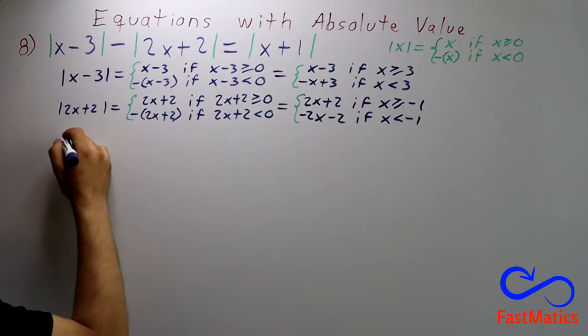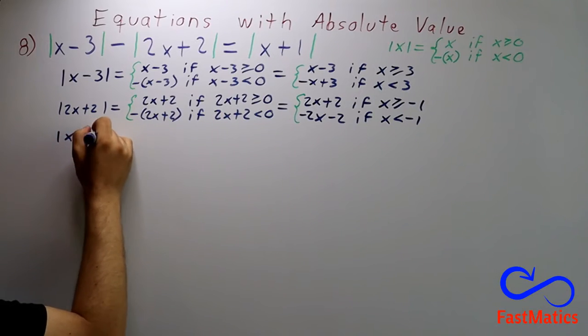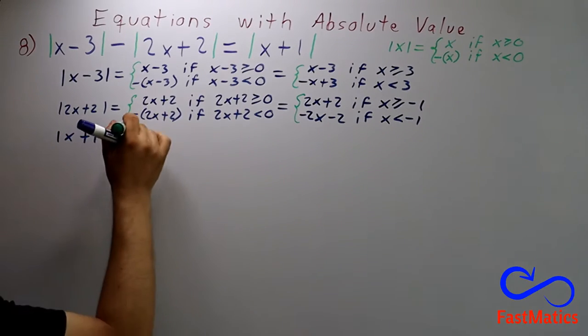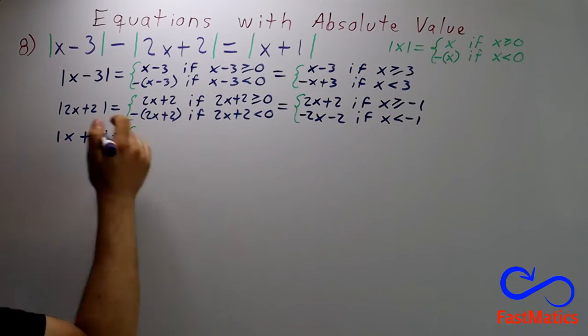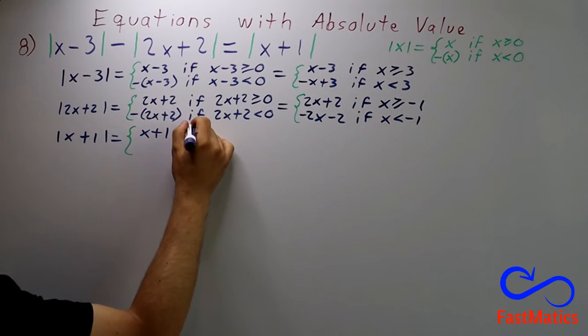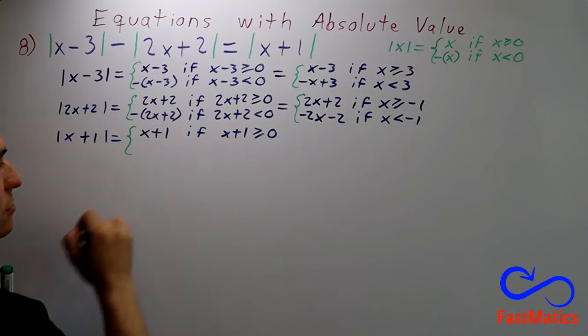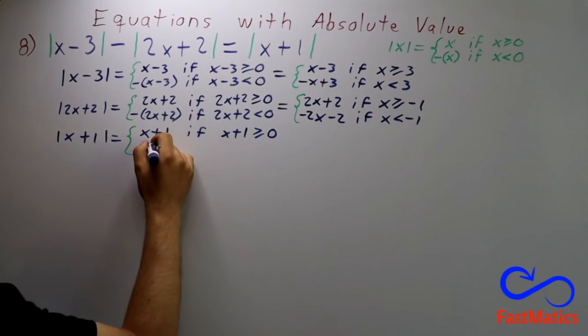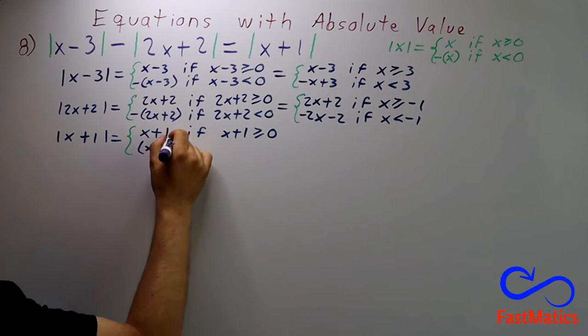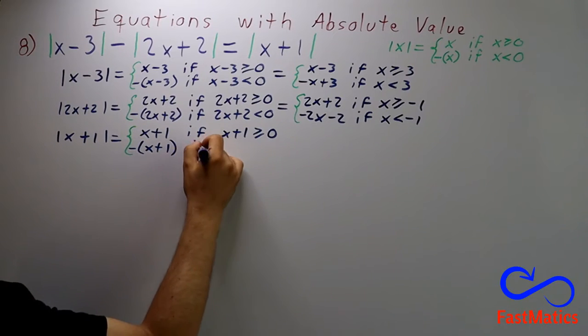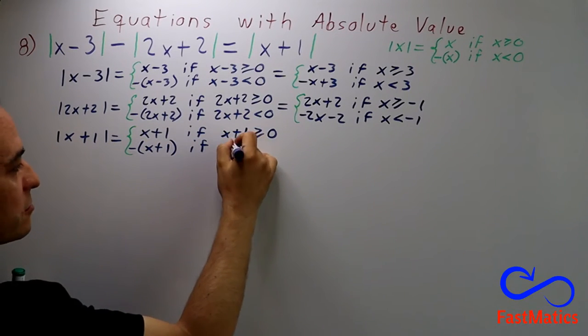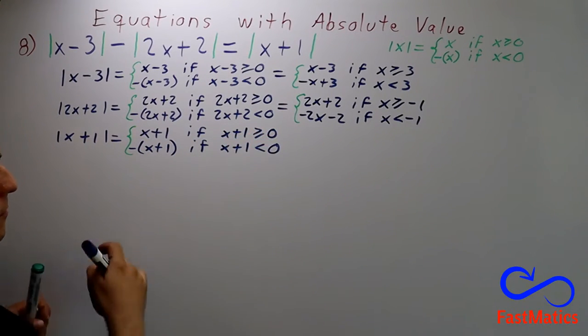And for the third absolute value, x plus 1, you will have the same expression that is inside the absolute value if the expression that is inside the absolute value is greater than or equal to 0. And the same expression inside the absolute value, but with a negative sign before, if the expression that is inside the absolute value is less than 0.